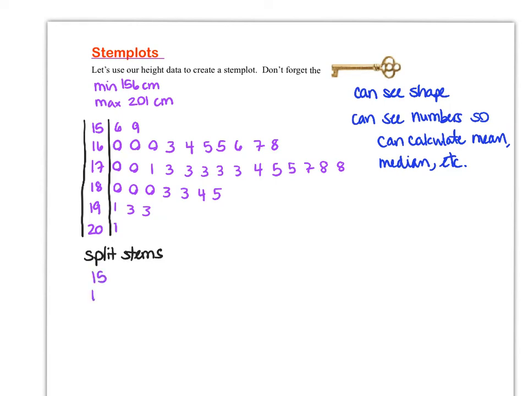So we're going to have 15, 15, and on the top line, it's going to include 0 to 4. On the bottom line, it's going to go 5 through 9. And that's going to be repeated for all of the other stems. So let's set that up, and then we will regraph our data on the split stem and leaf plot.